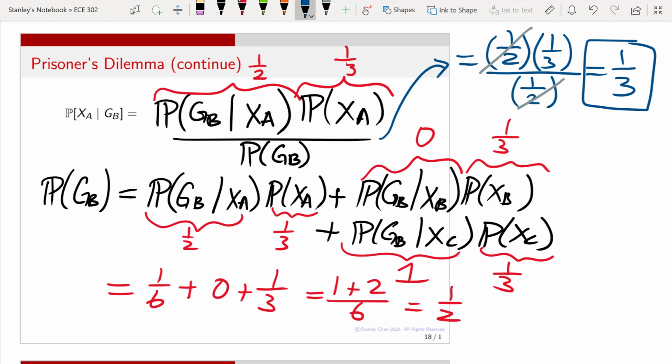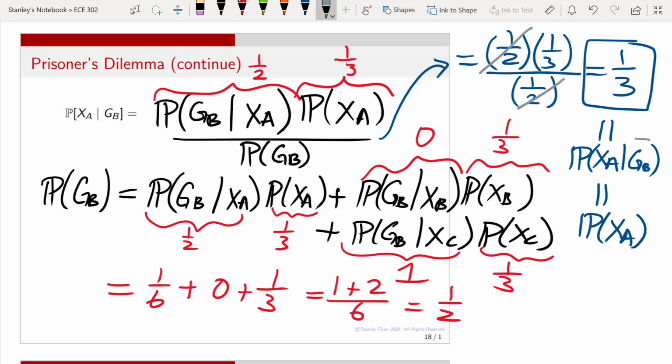What is so special about this 1/3? This 1/3 is the probability of X_A given G_B. But this probability is also the probability of X_A. Okay? And what is the meaning of these two? This equality says that the presence or absence of the guard does not influence the probability that A will be sentenced.